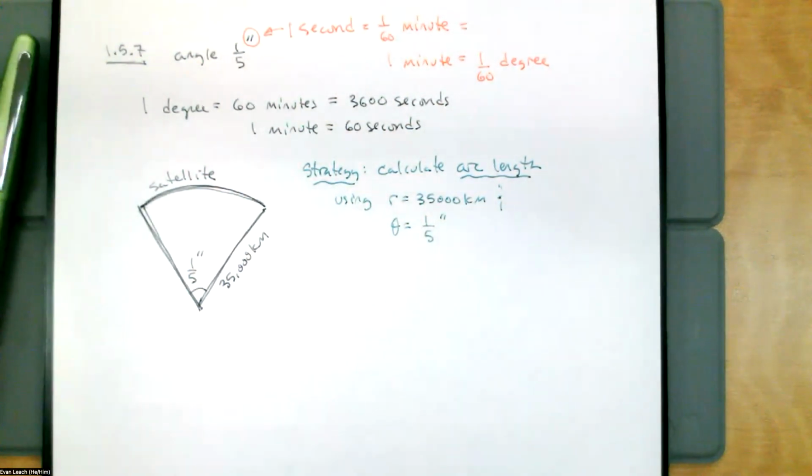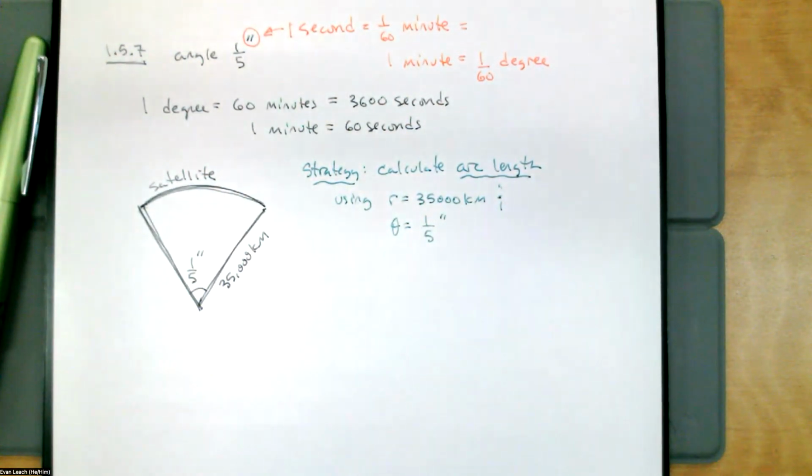We can calculate an arc length using a radius of 35,000 kilometers and an angle of 1/5 of a second. So that means we have to know arc length. Fun fact, you all already know the arc length formula. You just only know it for like one arc, usually.